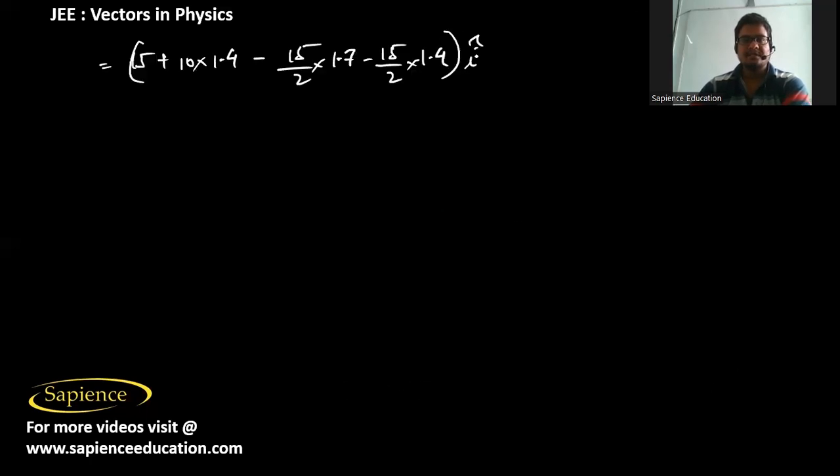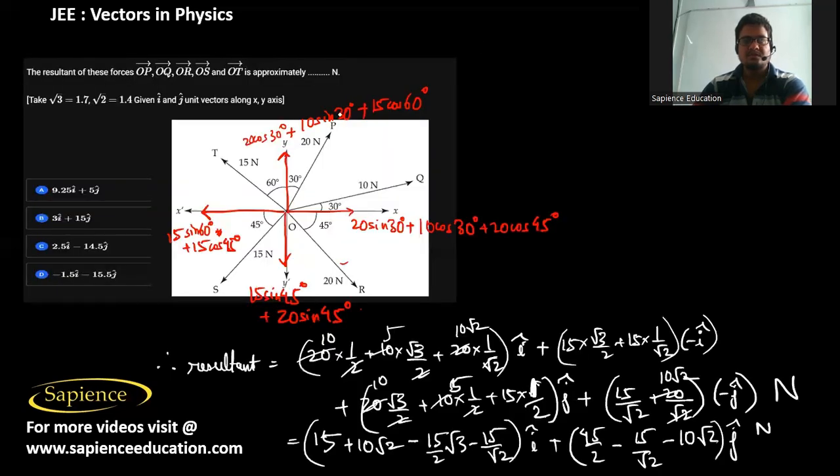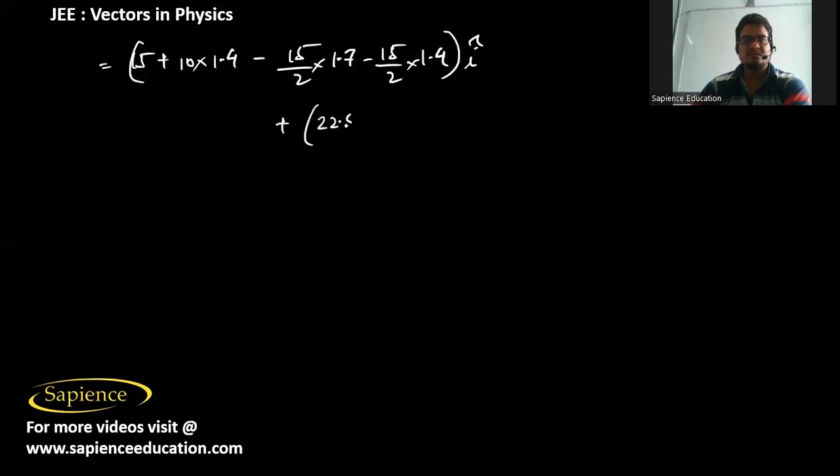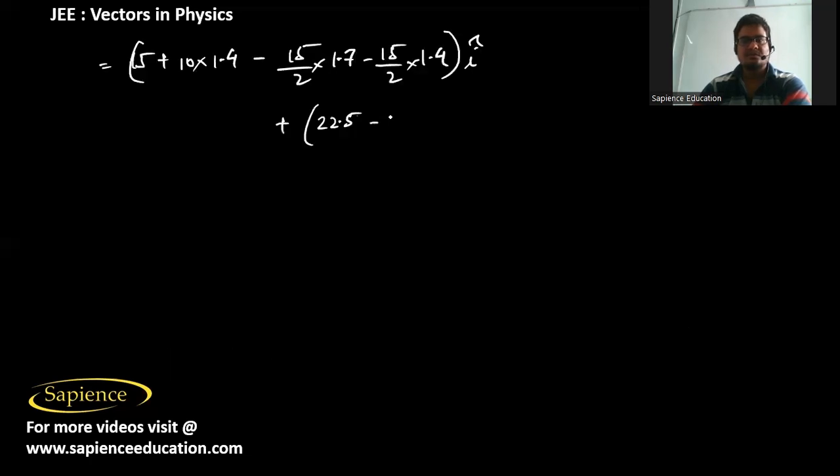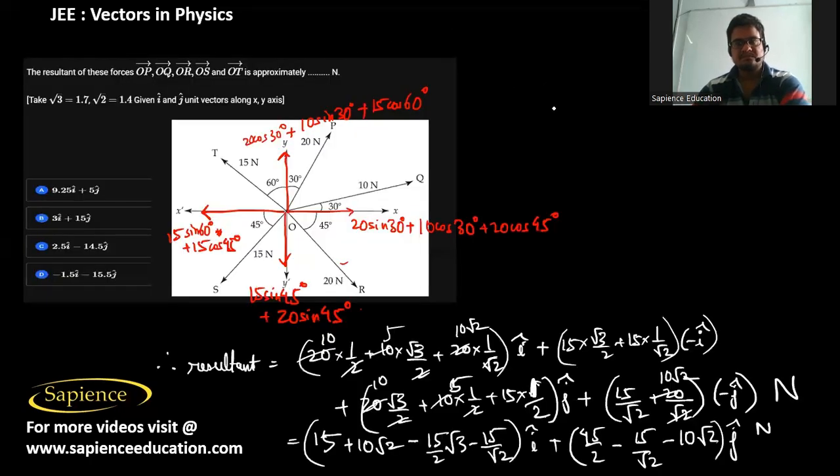So this much I cap, and plus this will be 45 by 2, that is 22.5, minus 15 by 2 root 2 minus 10 root 2, that is 10 into 1.4. So this much j cap Newton.